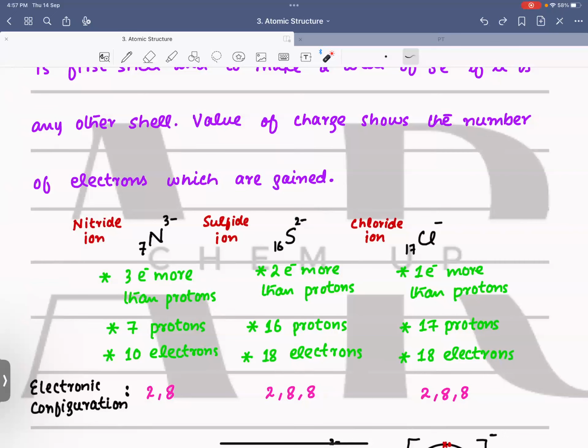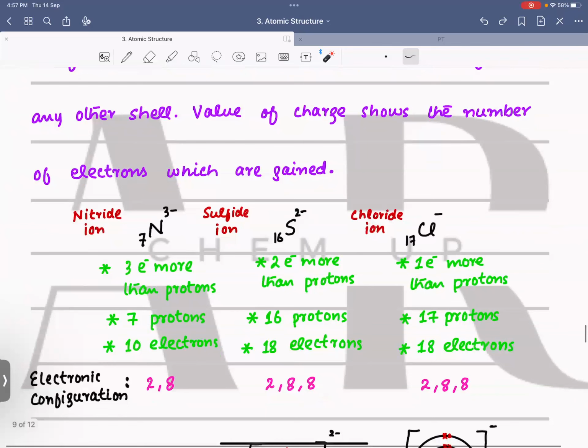That's why they become negative ions. So what do we do? The electrons which they initially had, we draw with crosses, and the electrons which they gain, we represent with dots. So from the electronic structure, we can identify the electrons which are actually gained. Is this understandable? Yes.